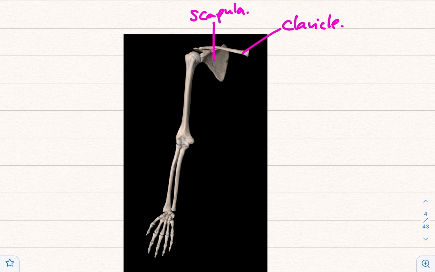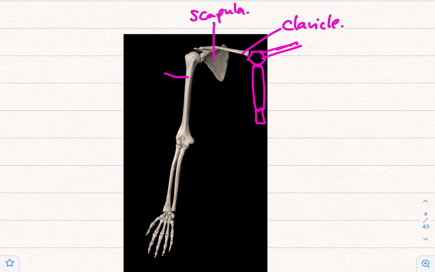So this would then articulate with the manubrium, which then has the sternum, and that's got the xiphoid process. I'm not going to go into all of that, but that's just a brief idea, and obviously symmetrical on the other side, so you'll get another clavicle going that way. But yeah, then you've got the scapula, that's on the back.